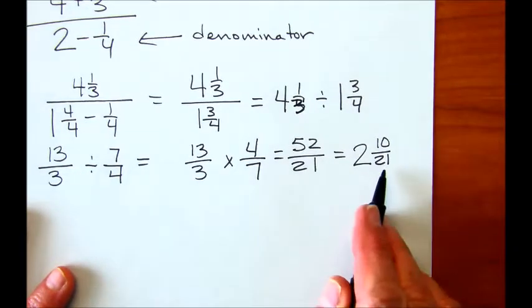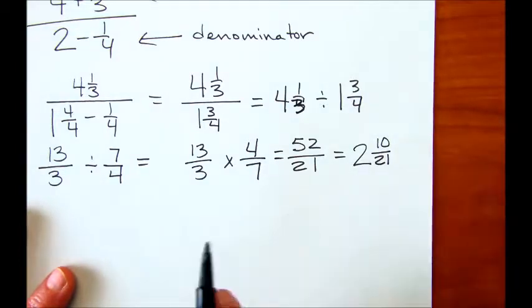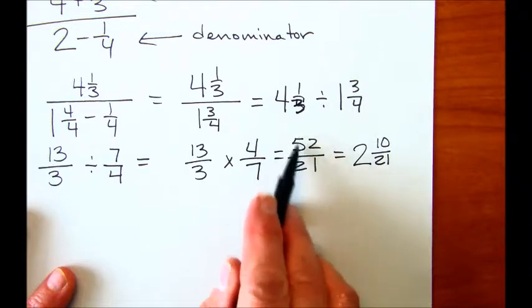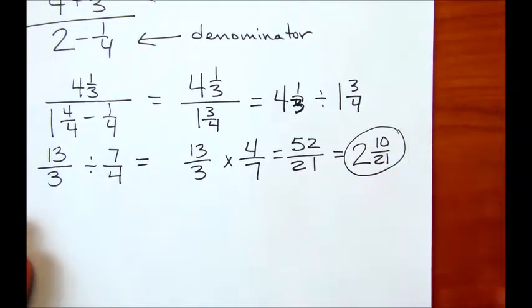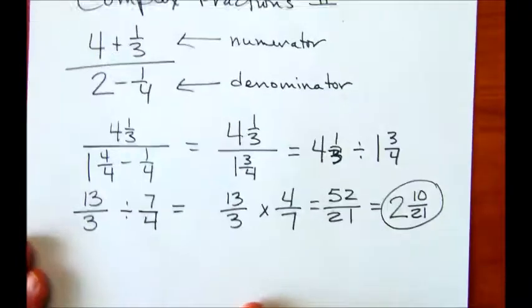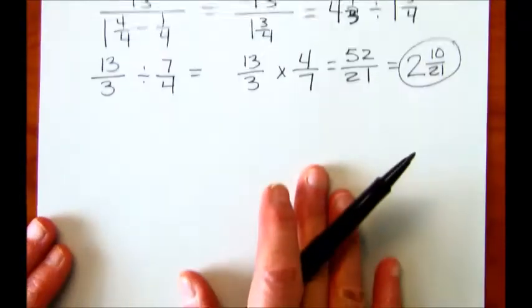And if you're not sure, you could always go backwards. 21 times 2 is 42, plus 10 is going to be 52. So that will get you back there. I feel confident that this is my final answer. This one problem had a lot of math going on, but this is the kind of result that you're going to get. Let's go ahead and do another example.